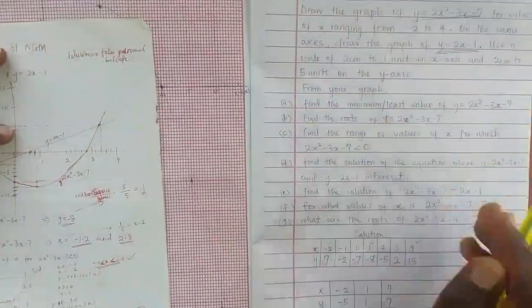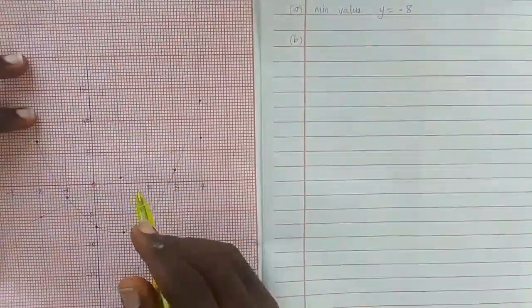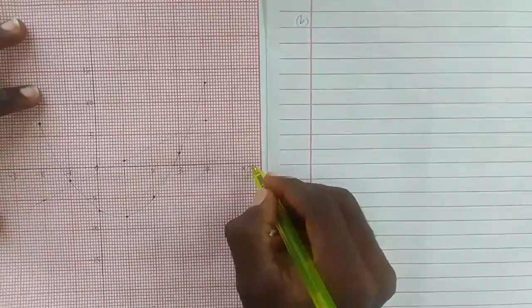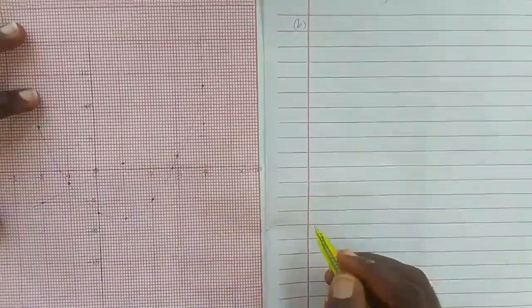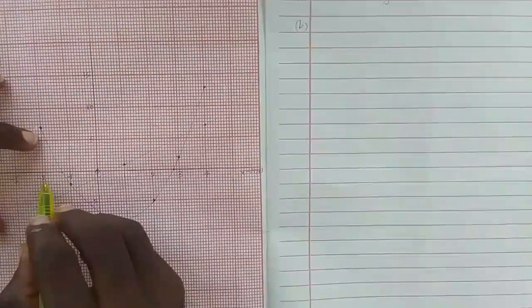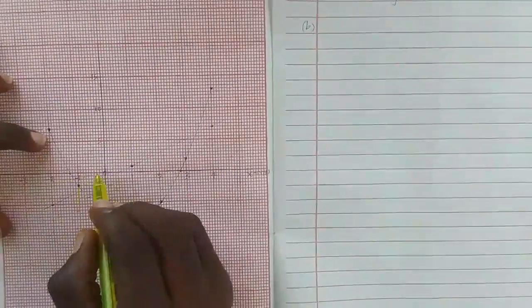Now question B, find the roots of the equation. That's the curve B. The roots of the curve. Don't forget I told you the root is where the curve cuts the x-axis. This is your x-axis. It cuts the x-axis here and also cuts here. So don't forget this one, we counted 0.1, 0.1 here.